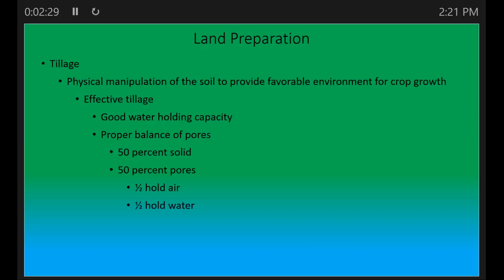So tillage, you hear this word a lot. Basically, it's just the physical manipulation of the soil to try to get it ready for growing crops. There's lots of different machinery out there to accomplish this. I am not going to go into all of it, though your book chapter does, and I am not going to expect you to know all that.